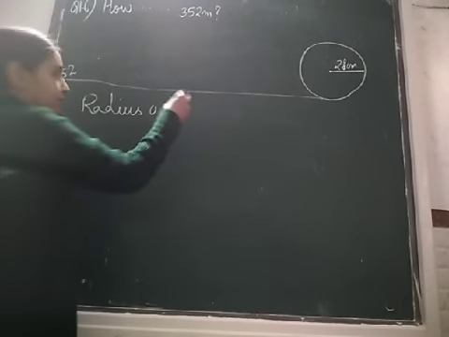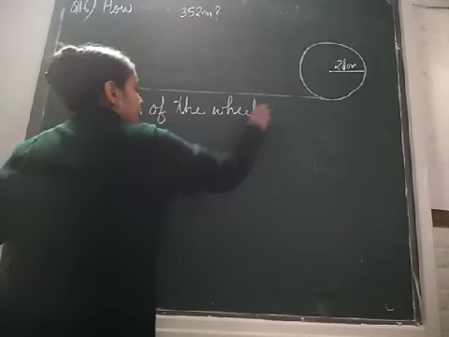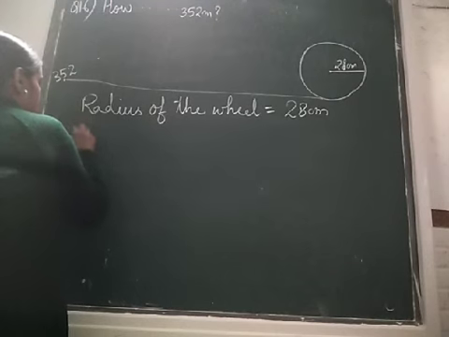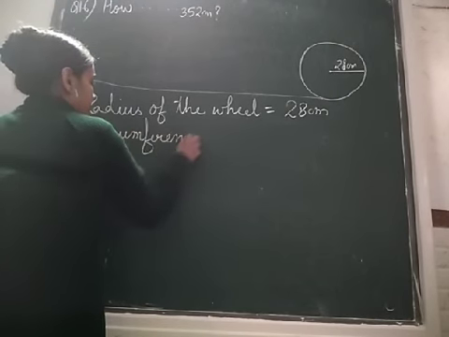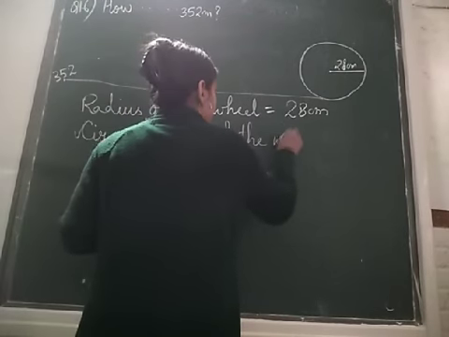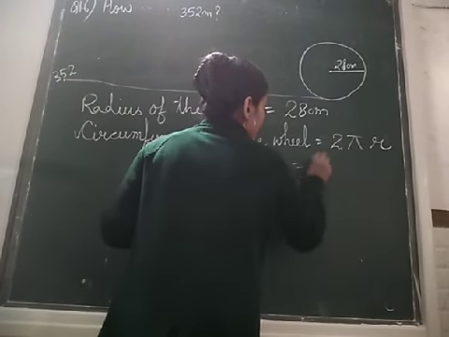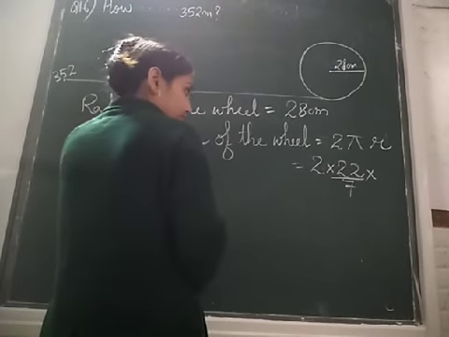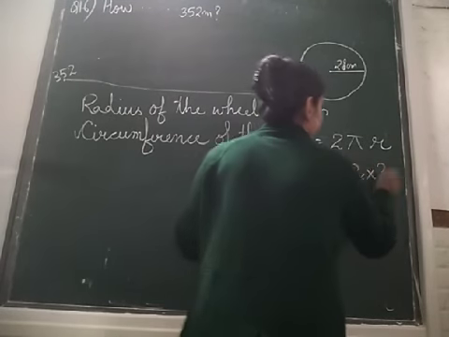You will make this diagram. Radius of the wheel is 28 centimeters. Circumference of the wheel, that is 2 pi r, that is 2 into 22 by 7 into 28.